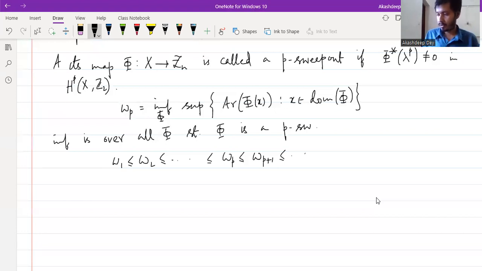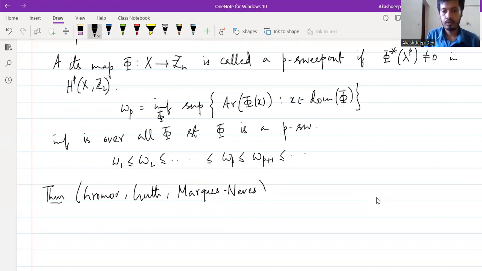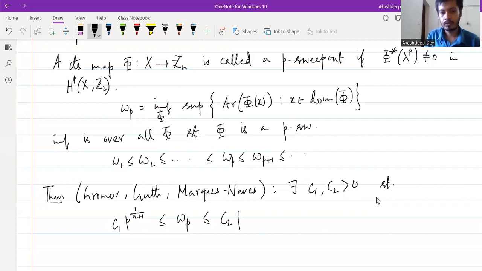We have the following theorem regarding the growth estimate of omega_P. This theorem by Gromov, Guth, Marques and Neves tells us that there exist constants C1, C2 greater than 0 depending on the ambient metric such that C1 times P to the power 1/(n+1) is less than or equal to omega_P, and omega_P is less than or equal to C2 times P to the power 1/(n+1) for all P. This theorem tells us that omega_P grows as roughly P to the power 1/(n+1).